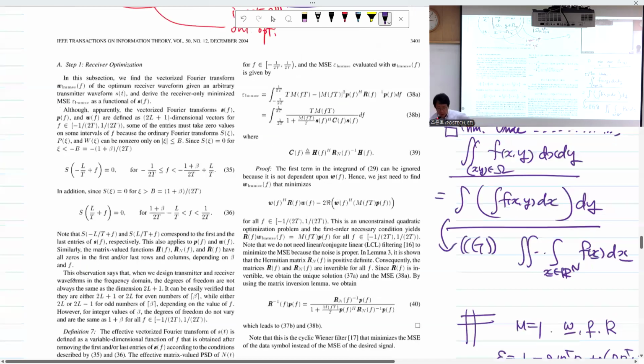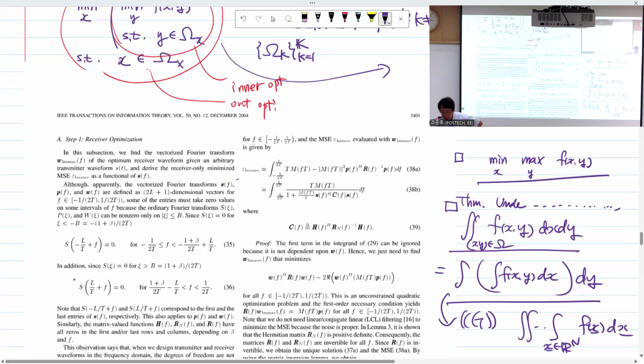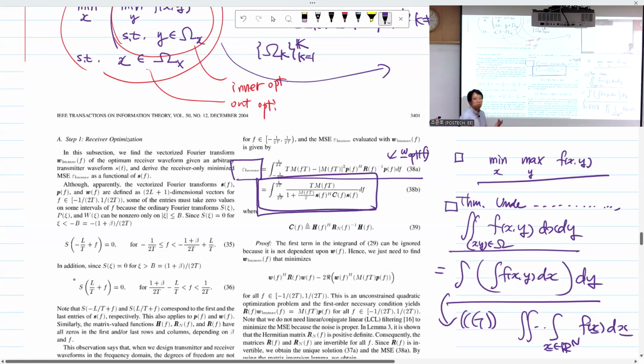So after plugging in our W opt of F, we have amazingly this objective function for the outer minimization, only for the minimization of S. See that?